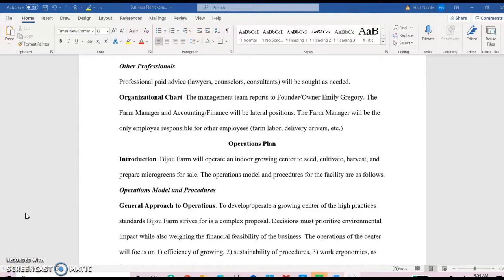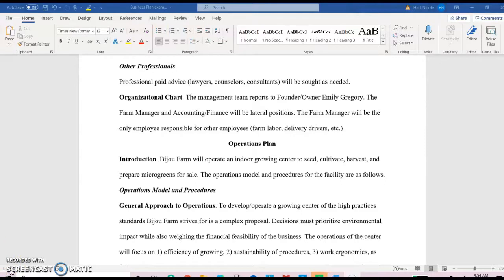The first part of this section should be to focus on the product and the service and how to run your business. The operations plan section of the business outlines how your business will be run and how your product or service will be produced. The topics that are generally included in the operating model procedures are the business location, facilities and equipment, operation strategy and plans.